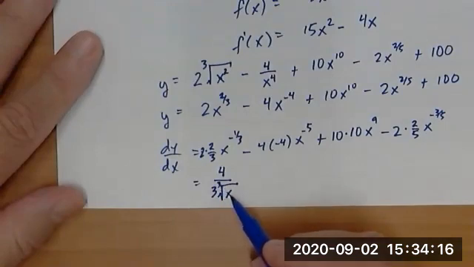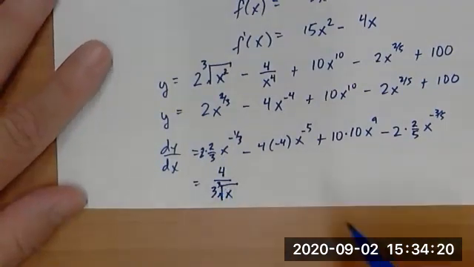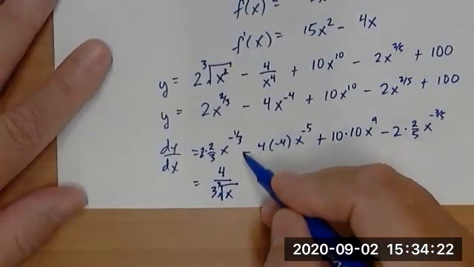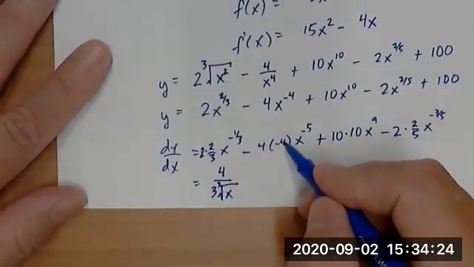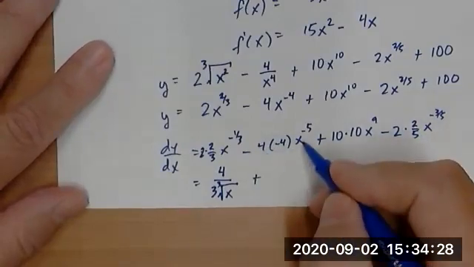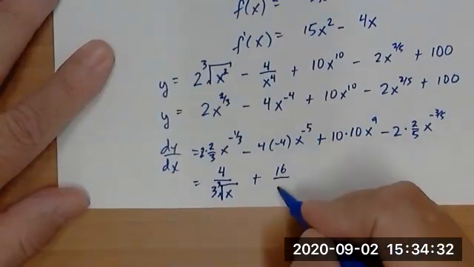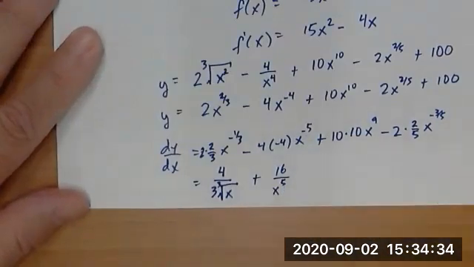So the cube root of x is the same as x to the 1/3. So I move it to the bottom. Here, I'm subtracting 4 times -4. It's -16. Subtract the -16 is +16. But once again, to make this a positive exponent, it goes down to the bottom.